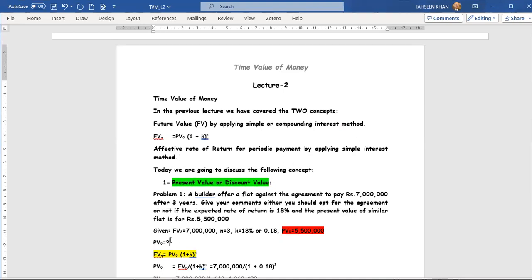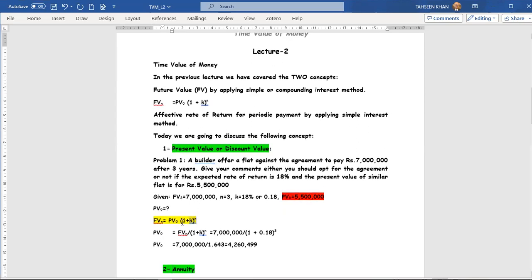Now you will have to calculate its present value and compare this present value with the present value of a similar flat as of today. We have the formula for the future value compounding. From this formula, we will derive the present value formula. It will be equal to FVN divided by (1 plus K) power N. Here the future value is 7 million, K is 18% and the term is 3.